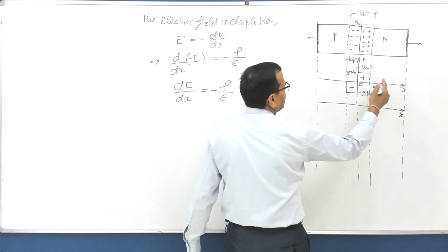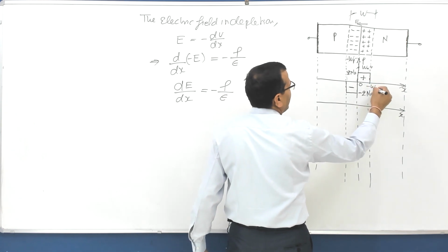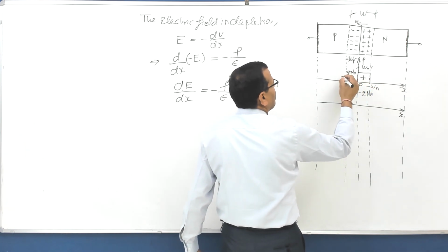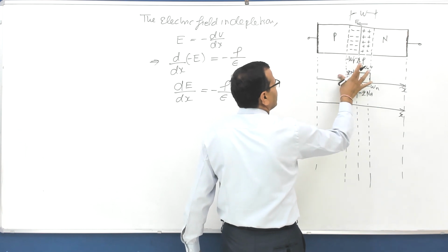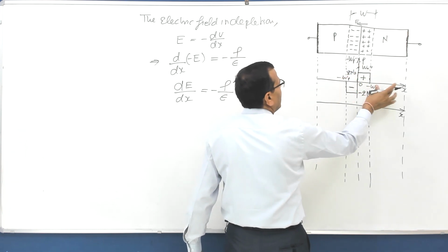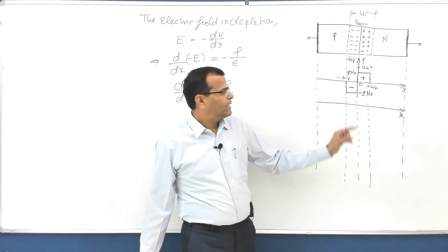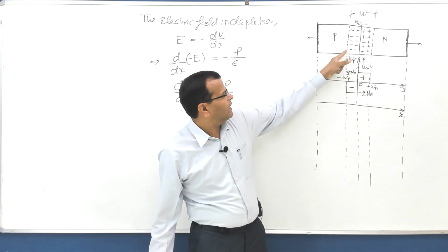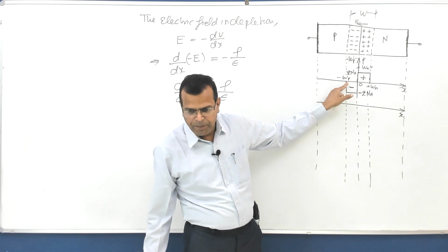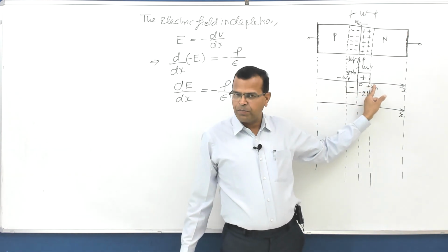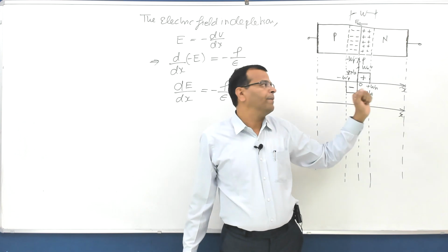So what will be x here? x will be minus WP here, and it will be plus WN here. The coordinate of the x-axis at this point is minus WP, and the coordinate at this point is plus WN.